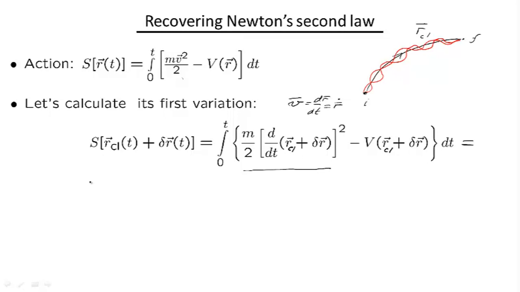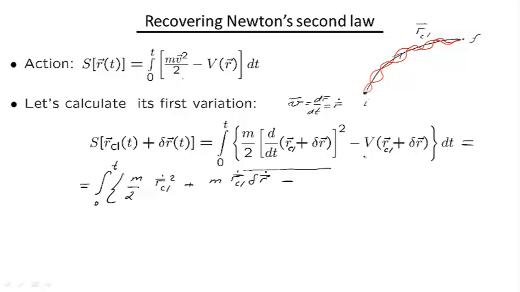So in the kinetic energy part we're going to have m over 2 classical velocity squared plus the linear term, which comes from 2 r dot dr.